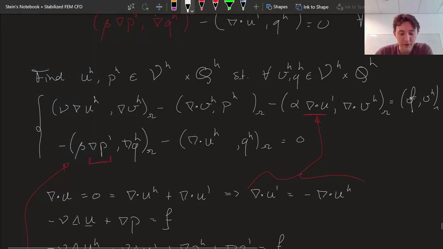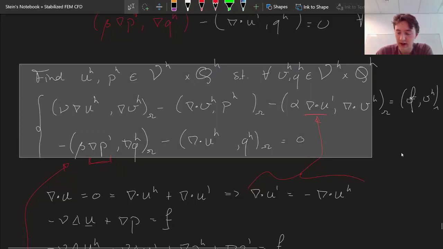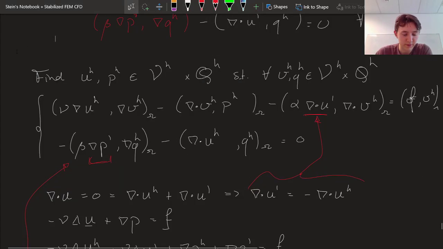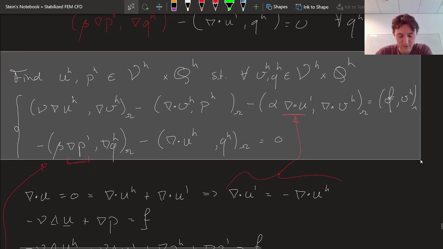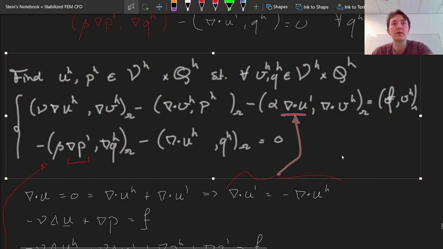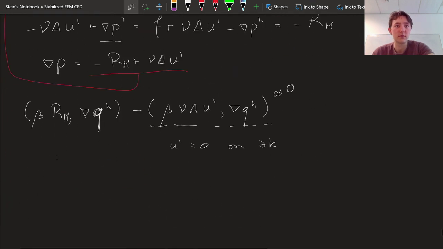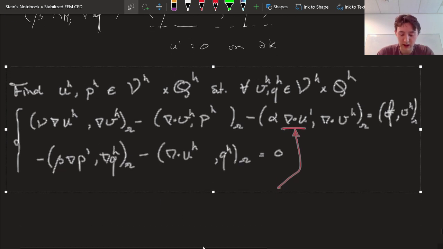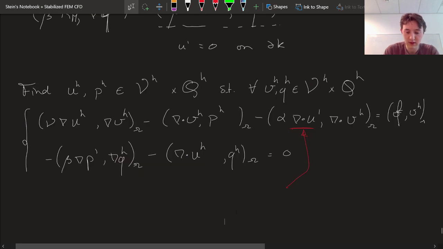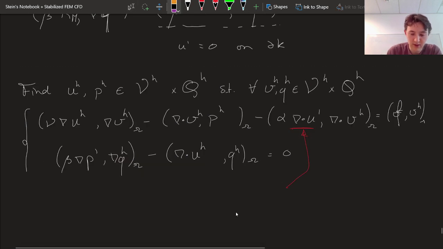So if we do all of that, then I can copy over my finite element formulation once more. And then we get a closed relation, or a relation that is no longer dependent on fine scales. But we now have beta times the residual.